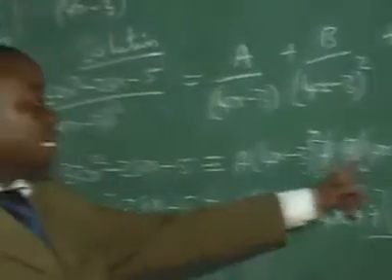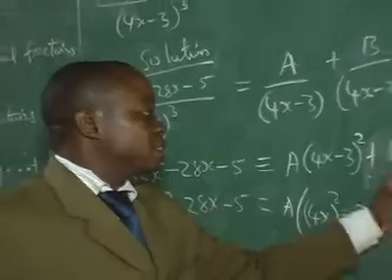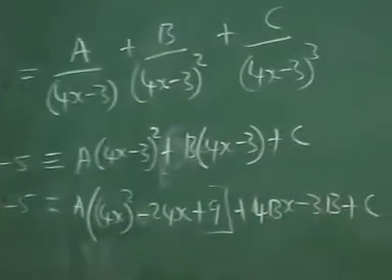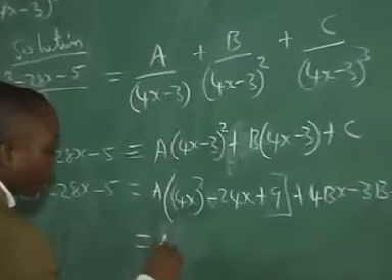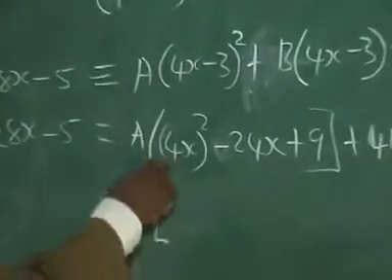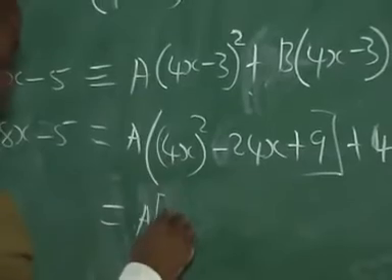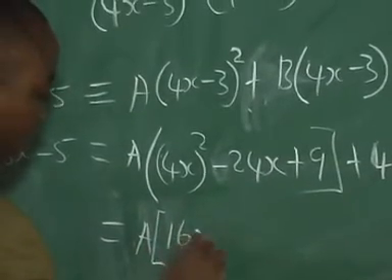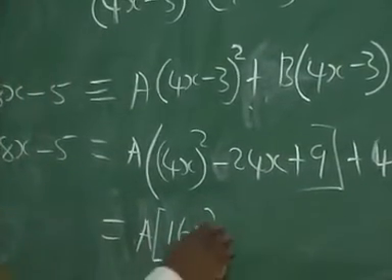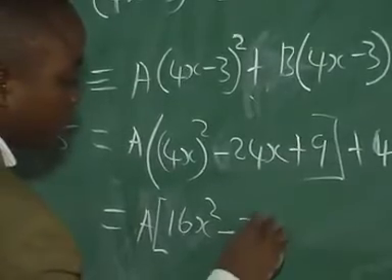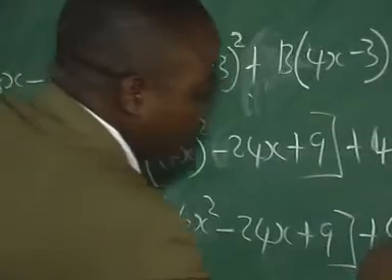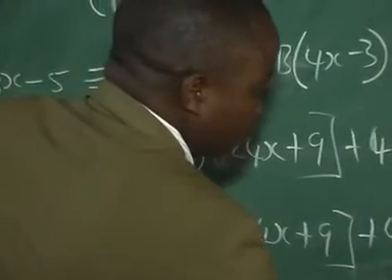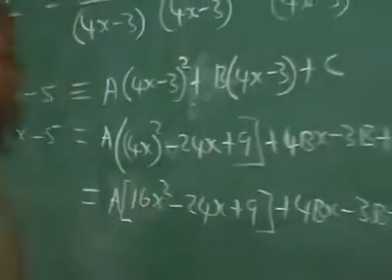How? This times this will give me 4bx, and this times this will give me minus 3b. So in this place I will have that A, and I'm going to expand this. I have 16x squared minus 24x plus 9 plus 4bx minus 3b plus c.